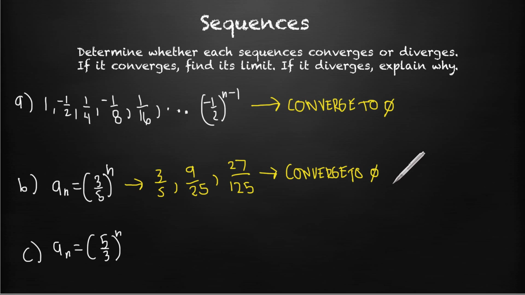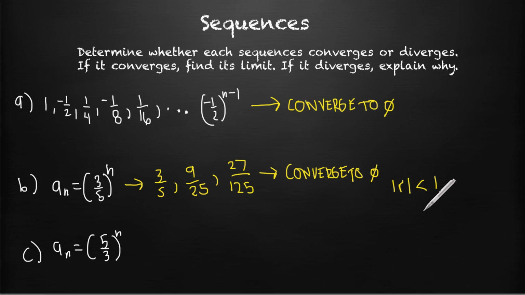Now this is a geometric sequence, and one of the things that we want to recognize is that anytime you are multiplying by a number whose absolute value is less than 1, it doesn't matter if it's positive or negative because it's absolute value, then it's going to automatically converge to 0.